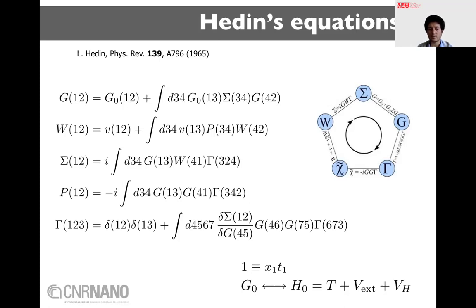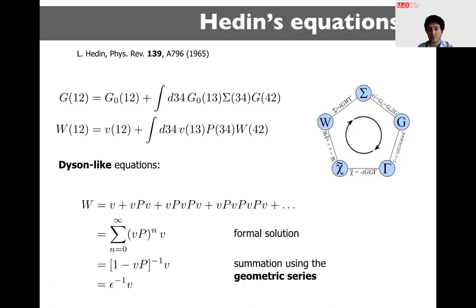You see that there's gamma both at the left and at the right. And the kernel of this equation is this d sigma over d G. It is an effective 4-point renormalized Coulomb interaction. And by knowledge of this vertex, basically we can compute all the other quantities, and these are a set of complete equations, though a very complicated one, and one needs approximations.